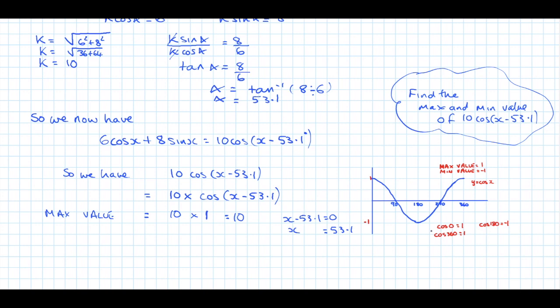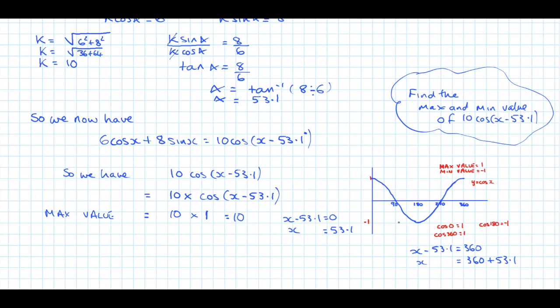Now the other alternative is a cosine of 360, but that's not an option here. And the reason is that this would be cos 360. So if we had x minus 53.1 is equal to 360, then that would be equal to 360 plus 53.1. And that is outside the stated domain.